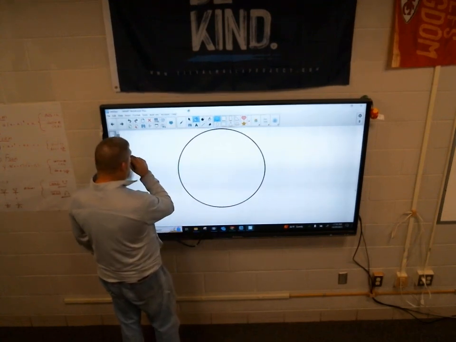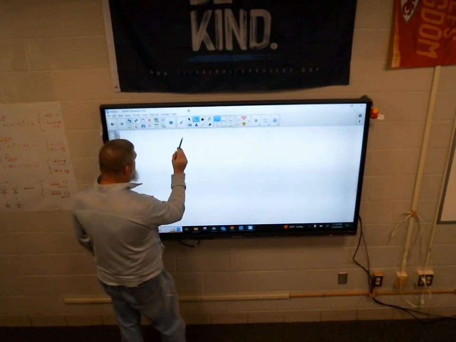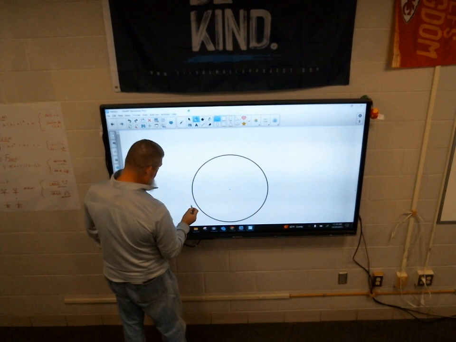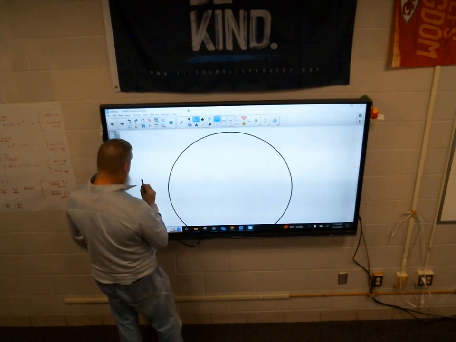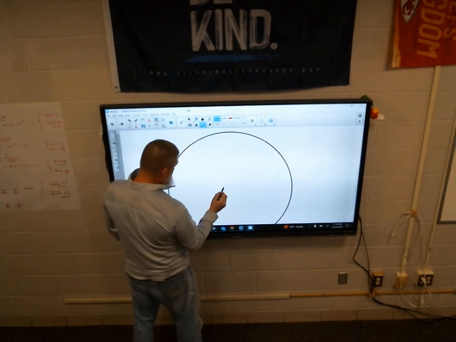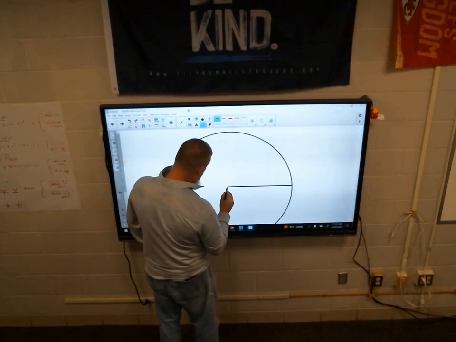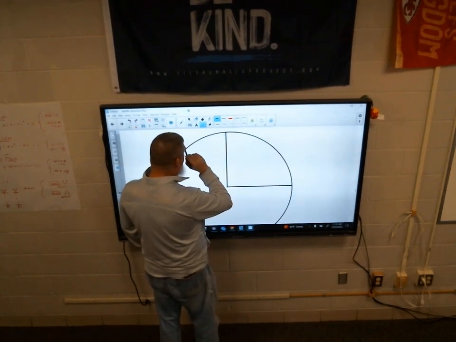Sorry, I should have been a little proactive and had this done already. I apologize. There we go. And we want just the first quadrant, so I'm going to go from about the center out.